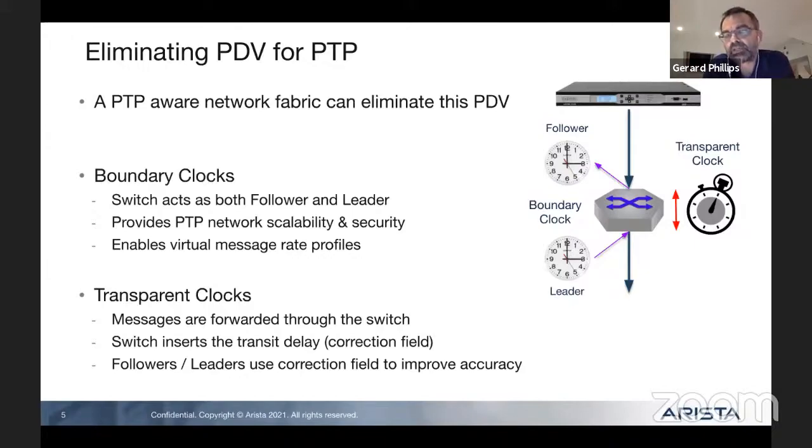The time taken to transit the switch for each packet is accurately identified and incorporated into the message, and that means the endpoint can accurately reconstruct the real time that packet took. So two easy ways to make your network PTP aware. And if you build your networks with this sort of technology, you can genuinely get to plus or minus 10, 20, 30 nanoseconds at the endpoint. So incredible levels of accuracy.